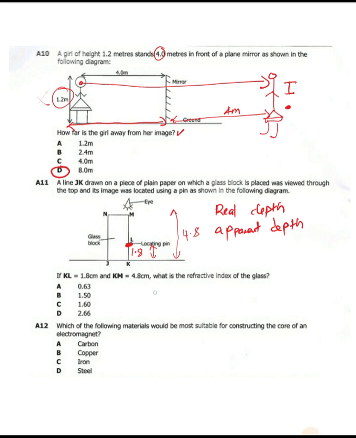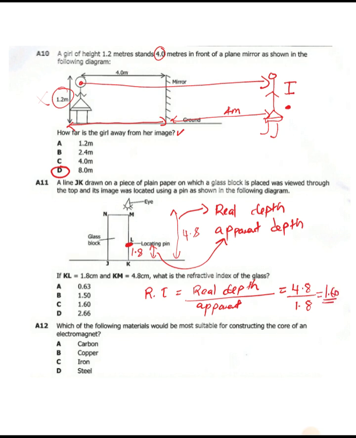So refractive index is equal to the real depth over the apparent. You always start with the real depth. The longest one is the real, while this one here is the apparent. So we have 4.8 over 1.8 to give you 1.60. Don't have to put units, no need.